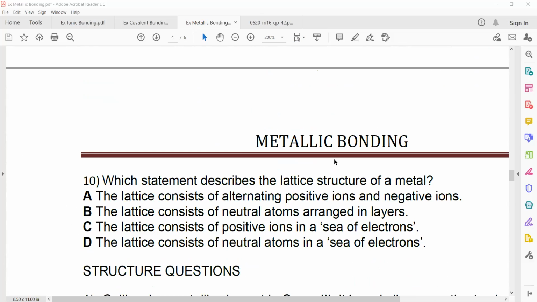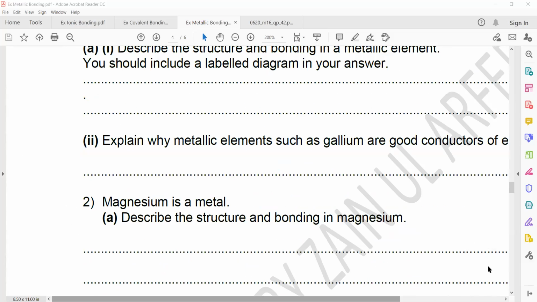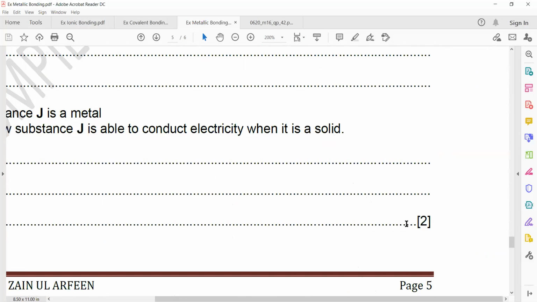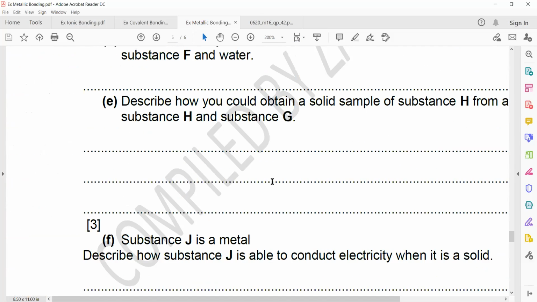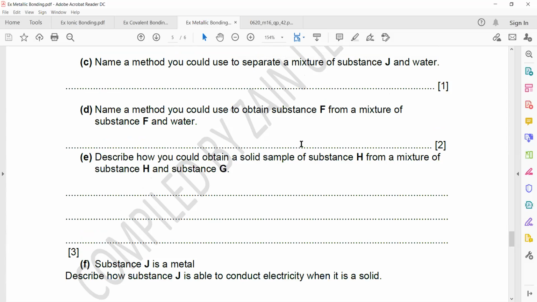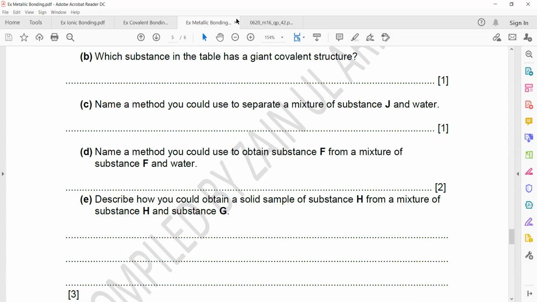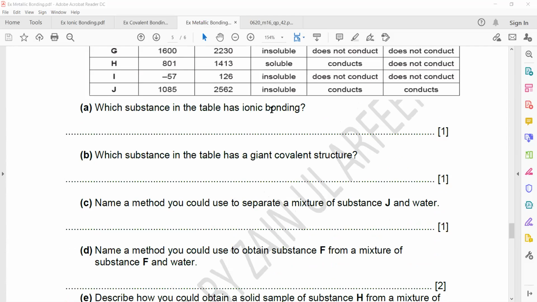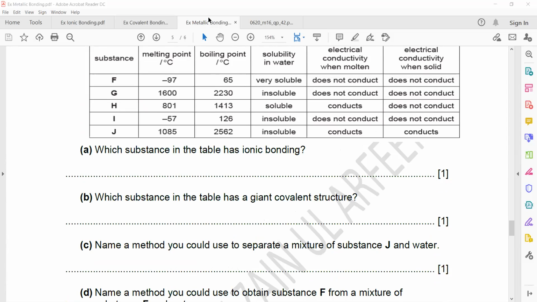Page 5, question 3. Describe how would you obtain a solid sample of H from a mixture of H and G. So first you have to identify what is substance H and what is substance G. Substance H, it's water soluble, basically it's an ionic compound.